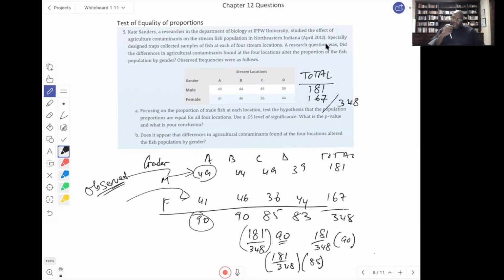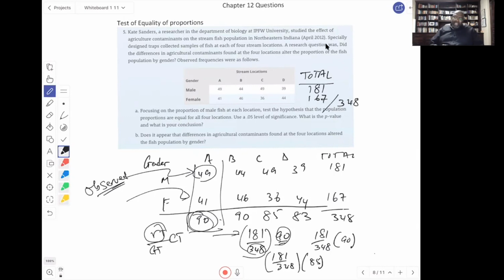If you look at that formula, you'll notice that the 181 is the row total. The 348 is what we call the grand total, and the 90 happens to be the total of that column, the column total.